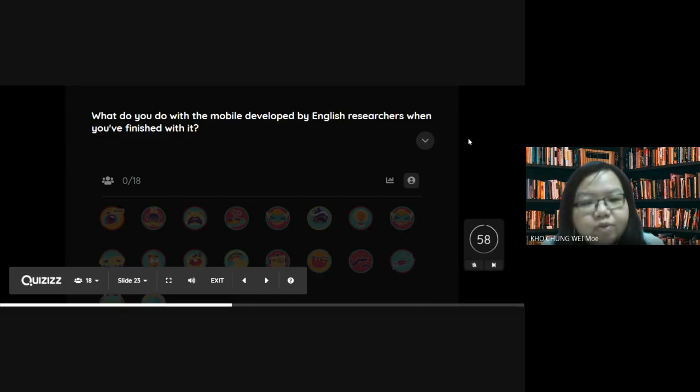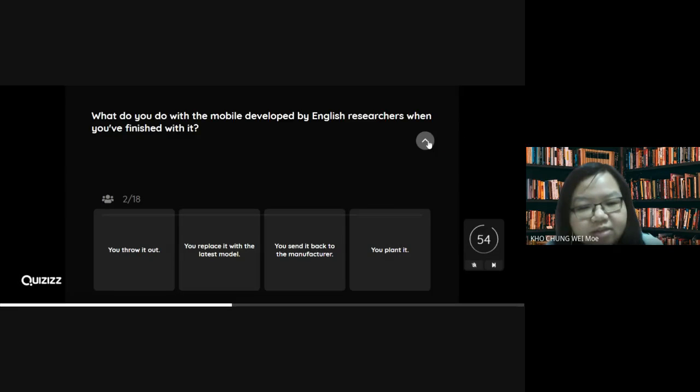What do you do with the mobile developed by English researchers when you're finished with it? You throw it out, you replace it with the latest model, you send it back to the manufacturer, you plant it. So what do you do with the mobile phone developed by researchers from England?